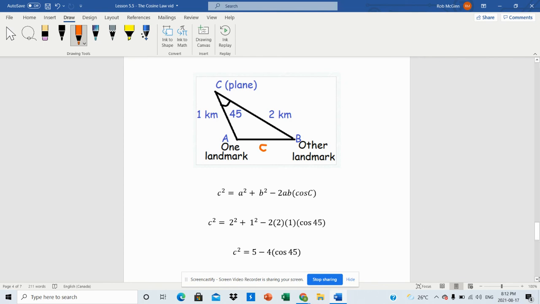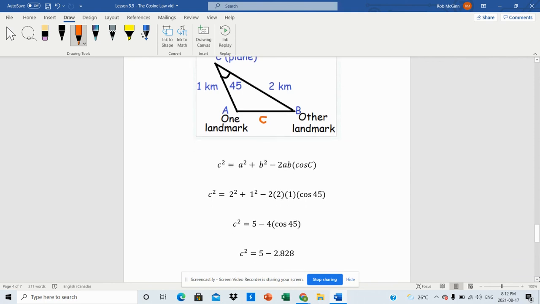Once we're to this point, we want to find out what that decimal is. So we're going to do cos 45, and I believe it's 0.707 and change. We're going to multiply that by the negative 4, and that's going to become negative 2.828.